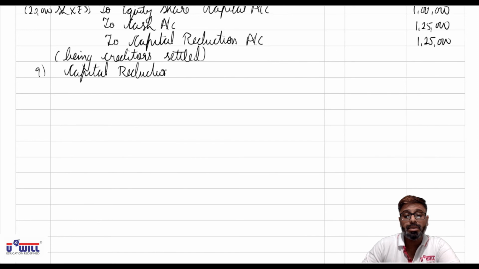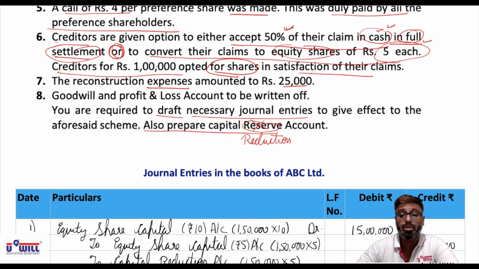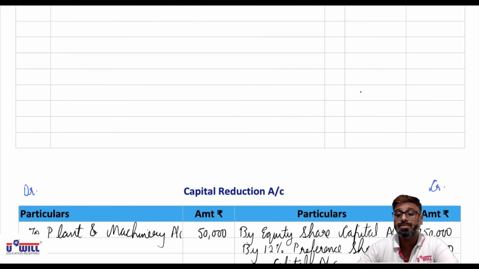And for paying it, cash goes out, credit what goes out, to cash and bank account. Okay, for paying it to cash and bank account. And what is the amount? 25,000.